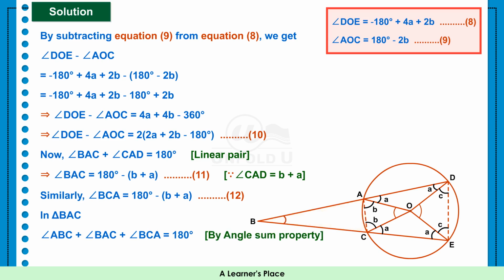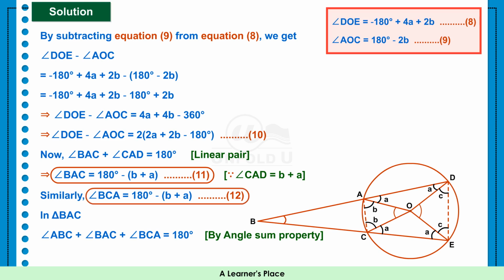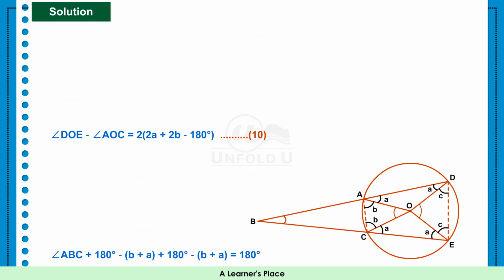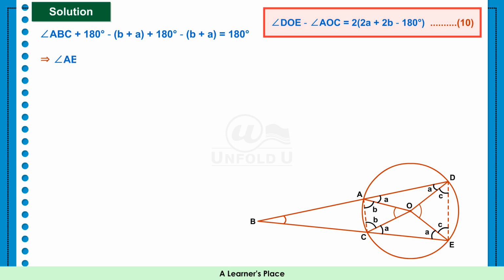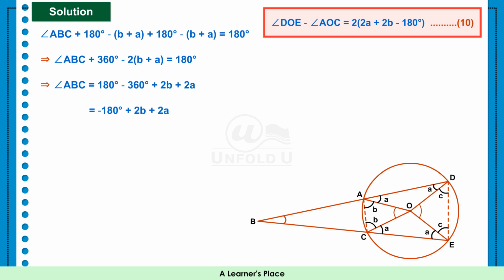By substituting the values of angle BAC and angle BCA, we get angle ABC plus 360 degree minus 2 into B plus A is equal to 180 degree, which further implies that angle ABC is equal to 180 degree minus 360 degree plus 2B plus 2A, which is equal to minus 180 degree plus 2B plus 2A.